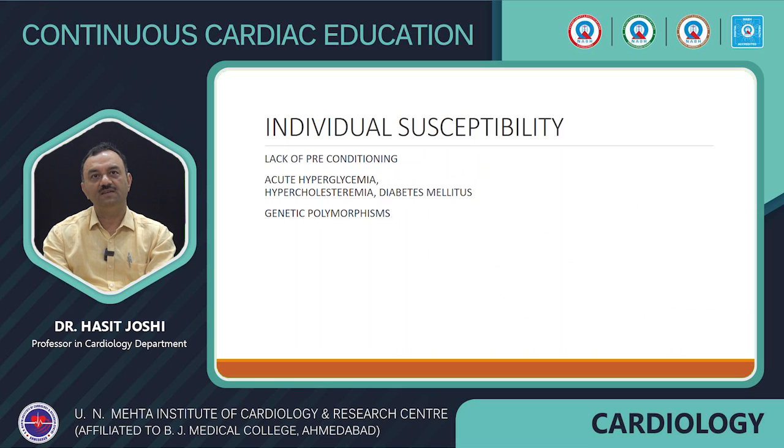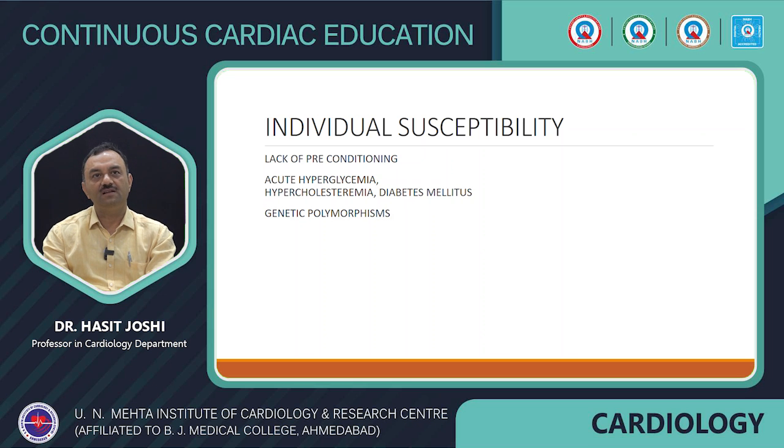Individual susceptibility of the patients, genetic polymorphisms, does play a role. There are genes which determine the reactivity to adenosine, and polyallelic genes in which males are more susceptible to CMVO rather than females.